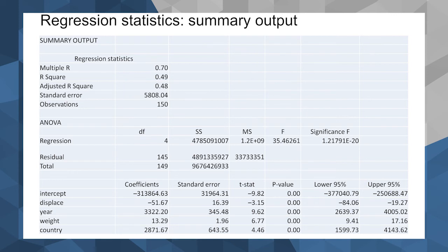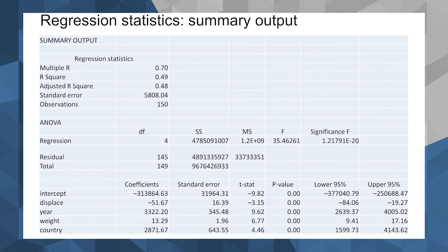Now, the important thing once we have these is that now we have a model. So once we know the value of the displacement, the weight and the country where the car was made, we just put the respective values in the equation, and that gives us the expected value of y. But we can only do that if the regression is a good model.